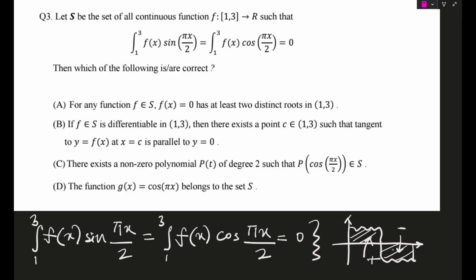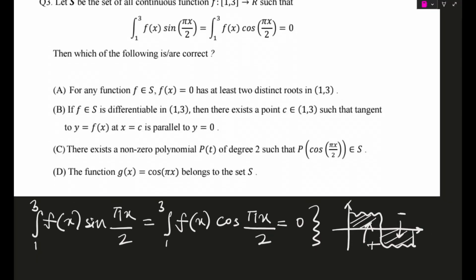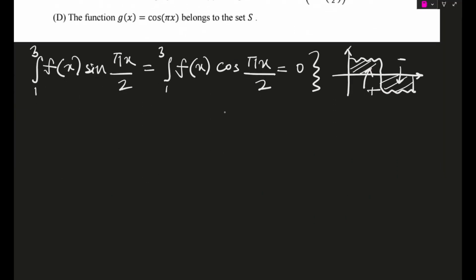I hope you can understand, because if both these functions have to change their signs from positive to negative between 1 to 3, they have to cross the x-axis at least two times. The first one will be a root, and the second one will be the point at which the sign changes. That's the reason why these two have been given to be equal to 0.